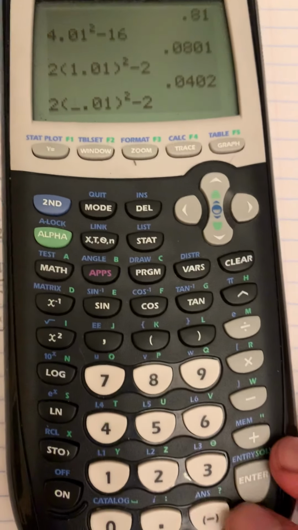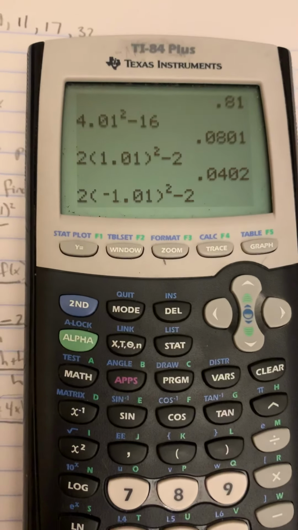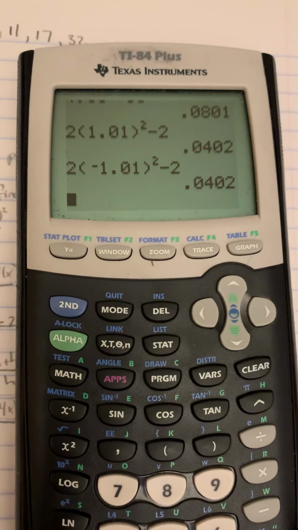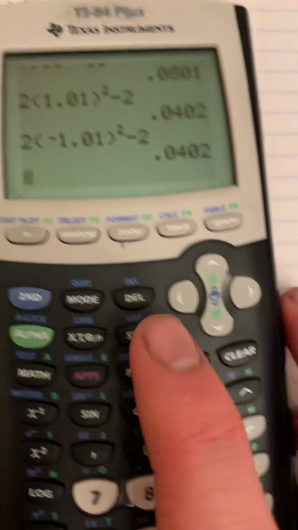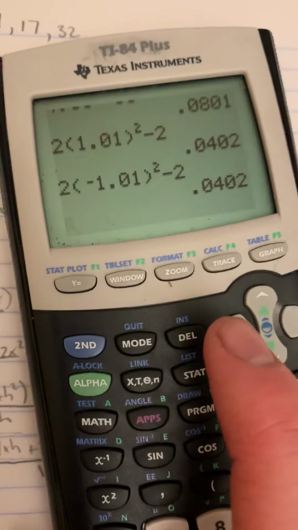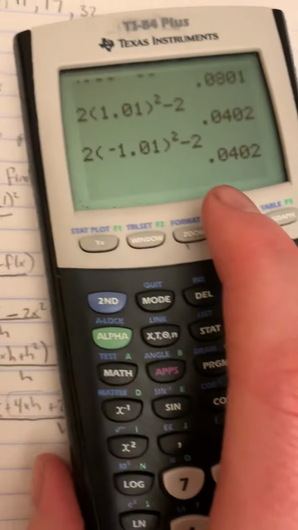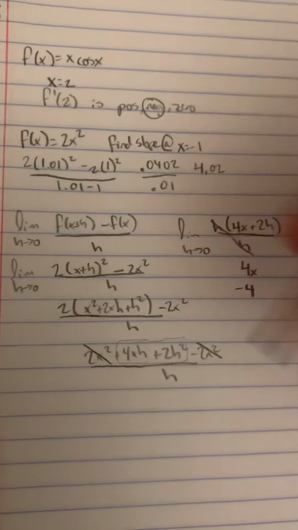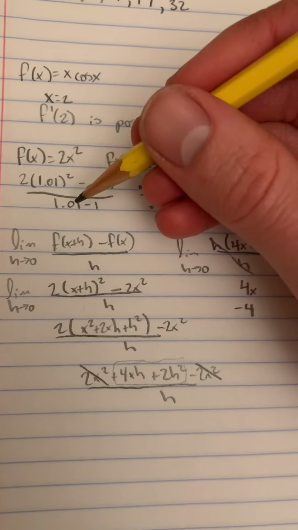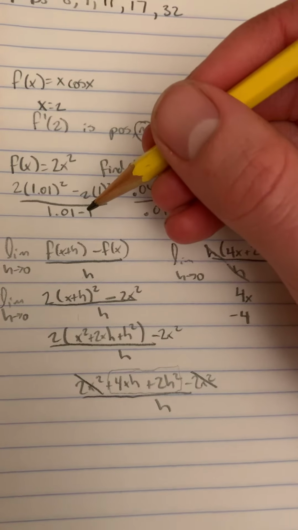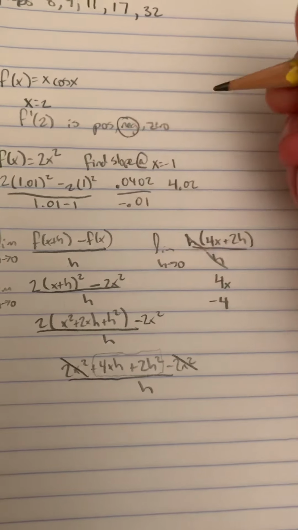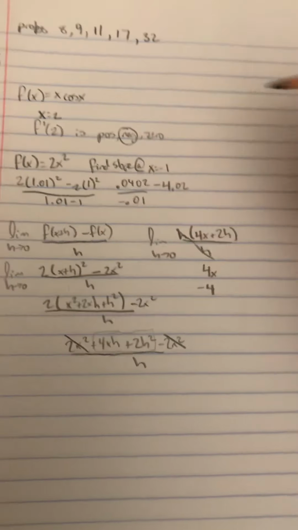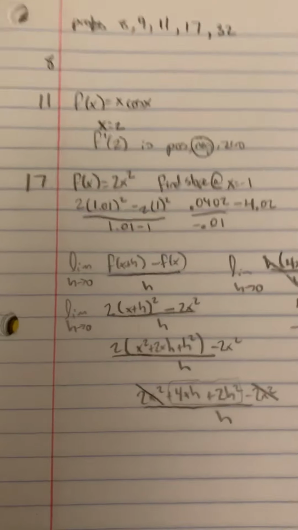I make lots of mistakes. These things happen. So I end up with that thing still being 0.0402, but down in the denominator, I would have negative 1.01 minus negative 1, which would give me a negative value here, which would make this value negative. Hopefully that helps people out.